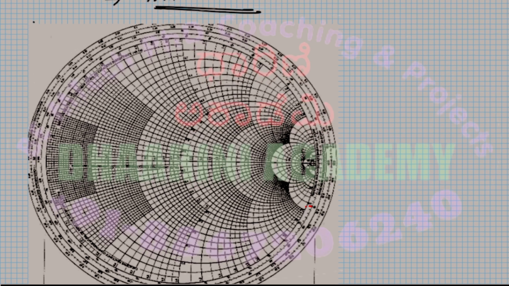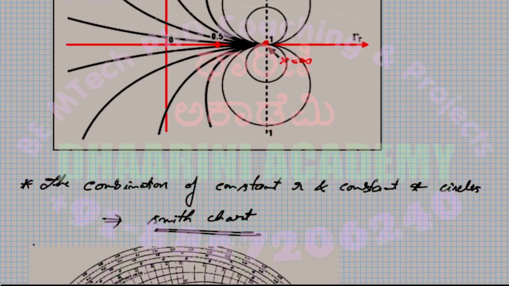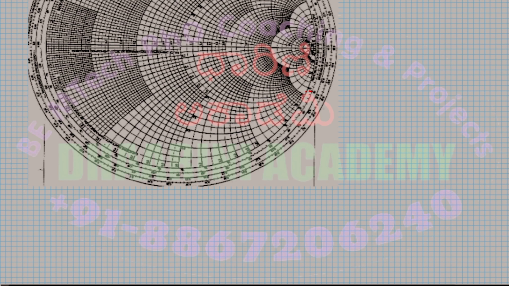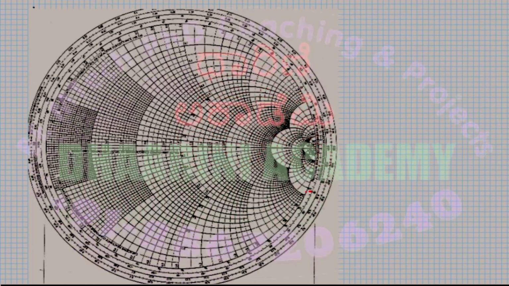Now the next thing we studied is the constant reactance circle. The centers of these circles lie along the gamma r equal to 1 line. So if I want to visualize that over here, the gamma r equal to 1 should be a line like this.